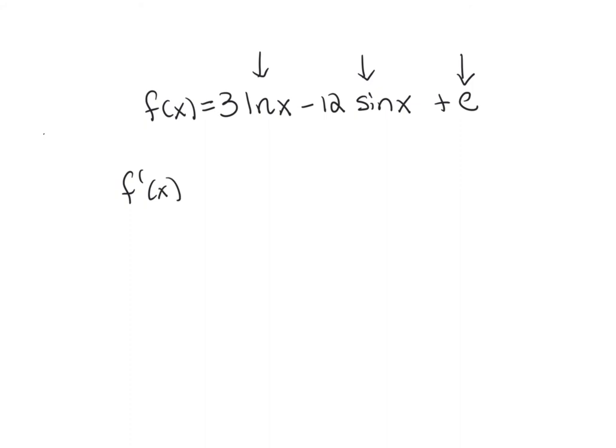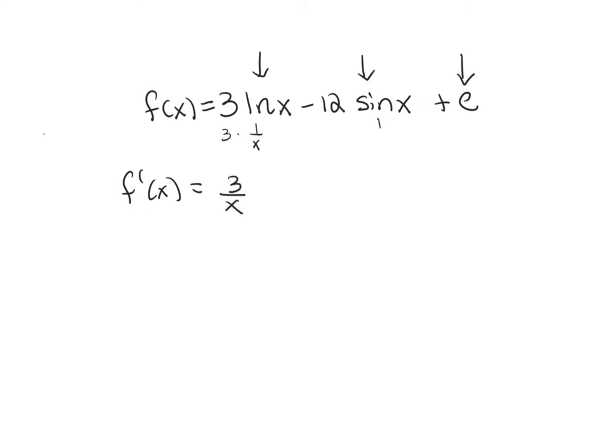Okay, next example: f of x equals 3 natural log of x minus 12 sine x plus e. We're looking at each term separately. The derivative of natural log is 1 over x, so this would be 3 times 1 over x, which is just 3 over x.